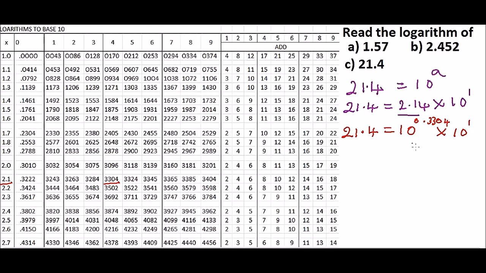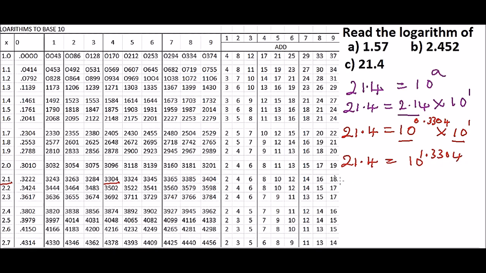Now remember our first row of indices. When we have a common base, we can add the indices, and therefore 21.4 is equal to 10 to the power, when you add 0.3304 to 1, you get 1.3304.